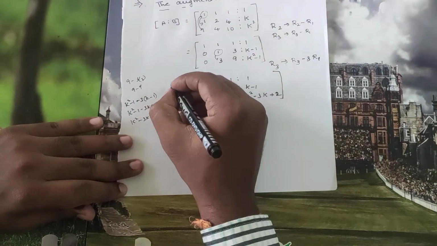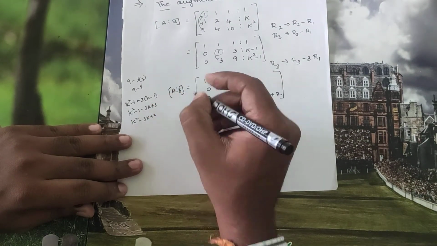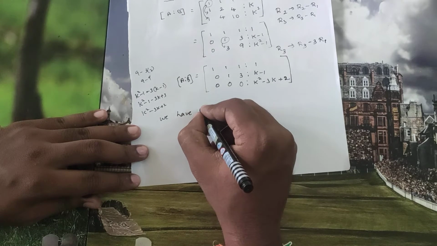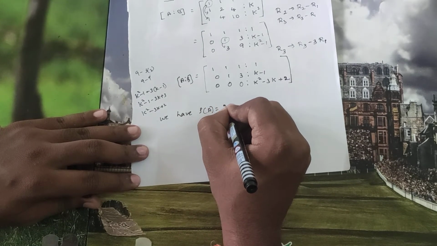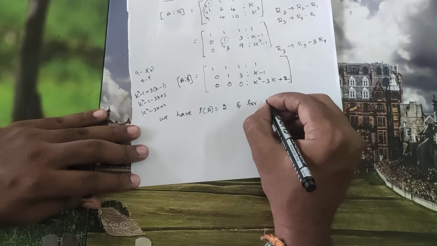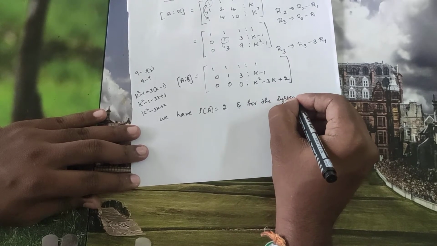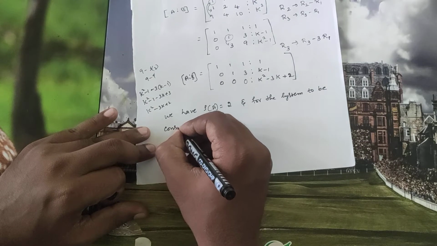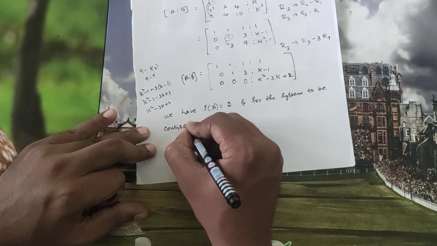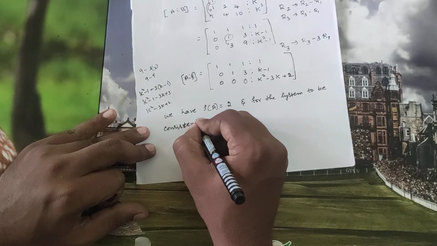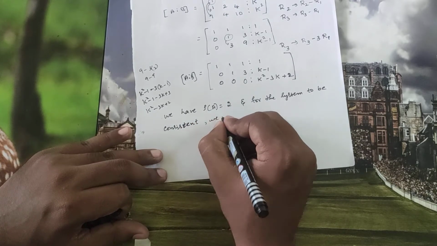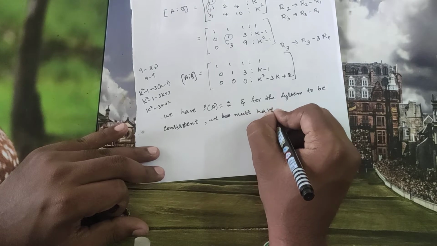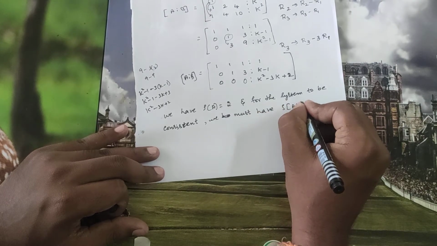Now here we have rank of A equals 2, and for the system to be consistent, we must have rank of the augmented matrix also 2.